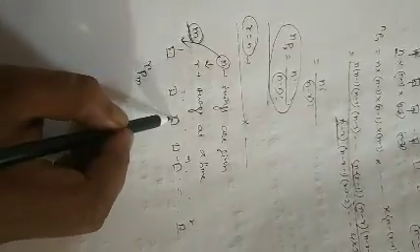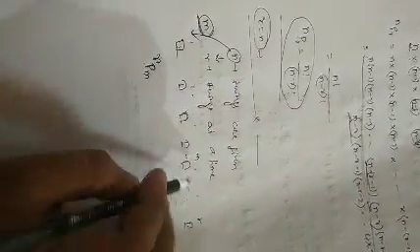When the m things are placed, the remaining places will be r minus m, and the remaining things will be n minus m. So r minus m remaining places and n minus m remaining things.